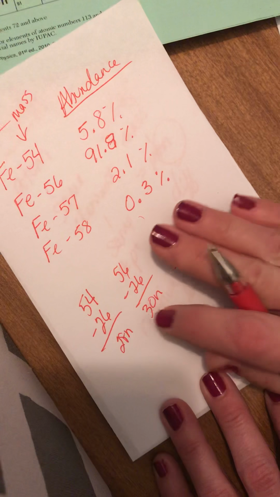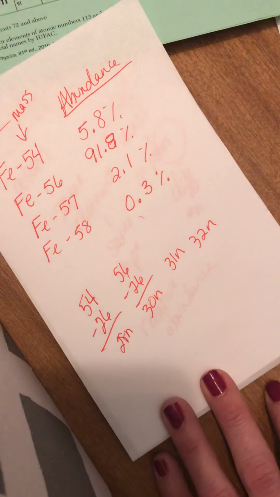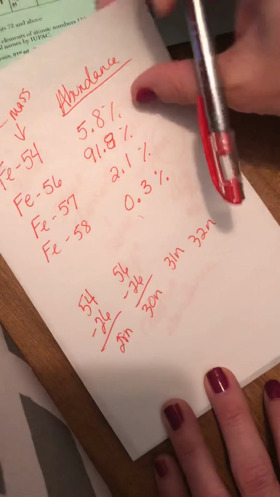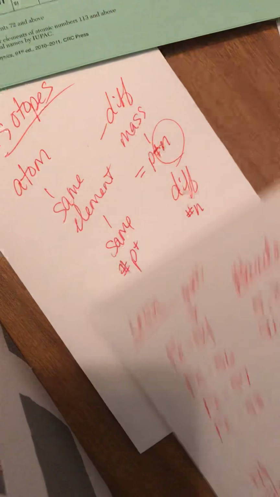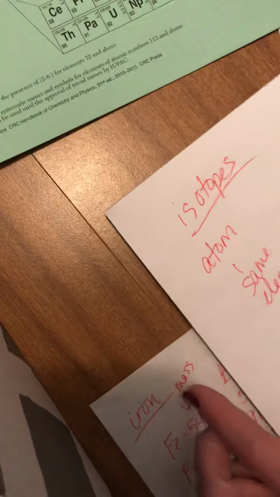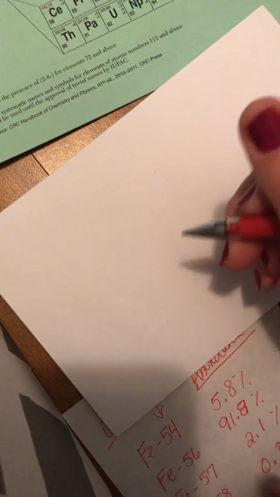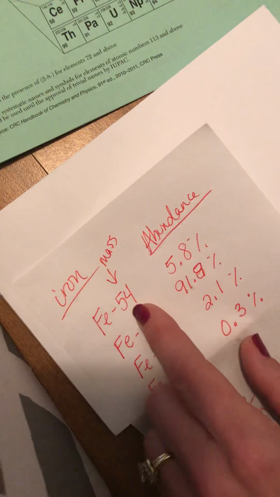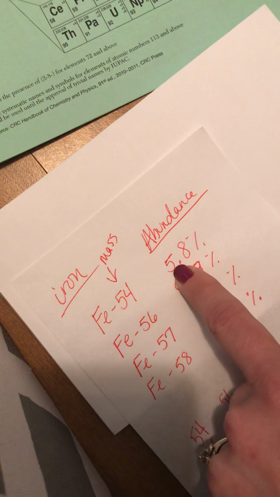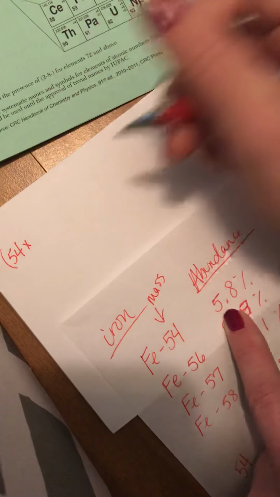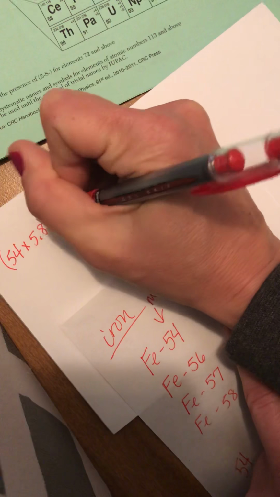Now, if I want to find the average atomic mass, or I want to show the correct numerical setup, which is a really common thing for them to do on the Regents, what I need to do is, I'm going to turn my paper this way because it tends to be pretty long. I am going to take the mass times the abundance for each isotope. I put it in parentheses. So 54 times 5.8.